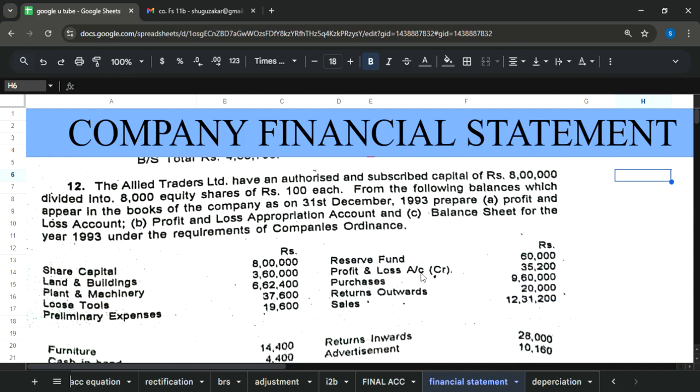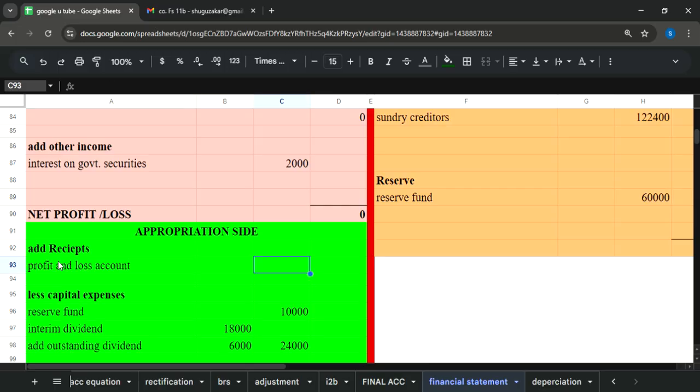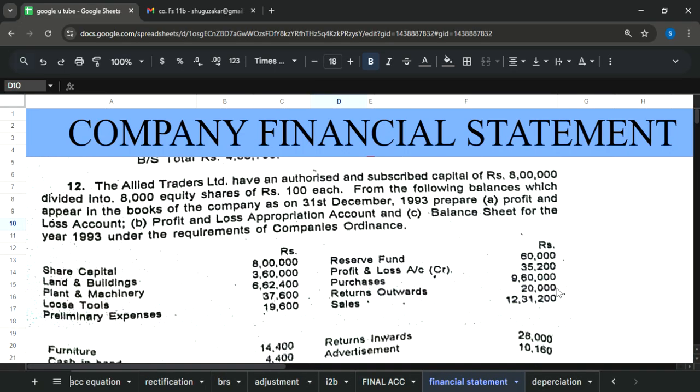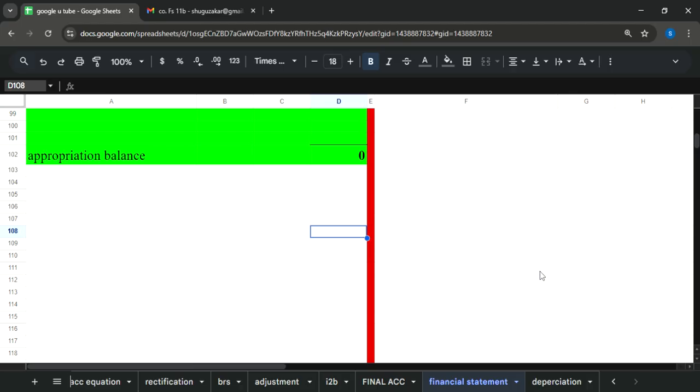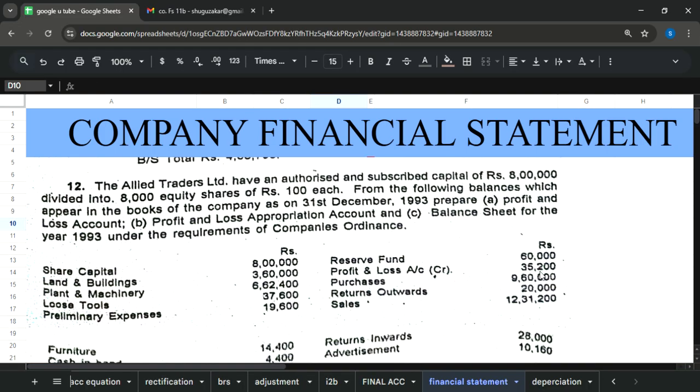Then profit and loss account, this is part of the appropriation account. The amount of this profit and loss account is mentioned, 35,200. Alright, in the appropriation side we have recorded it.